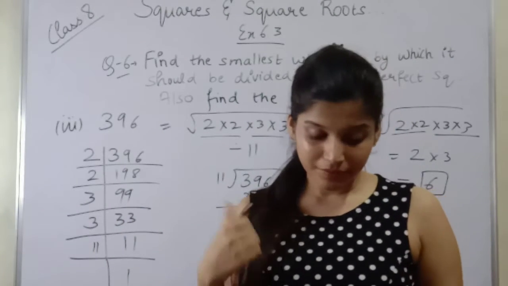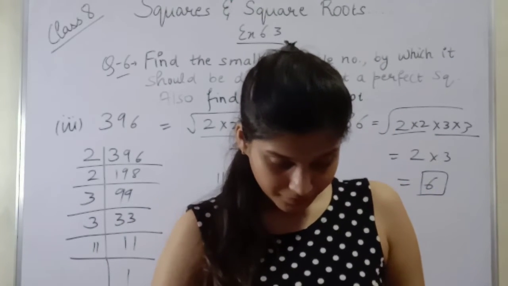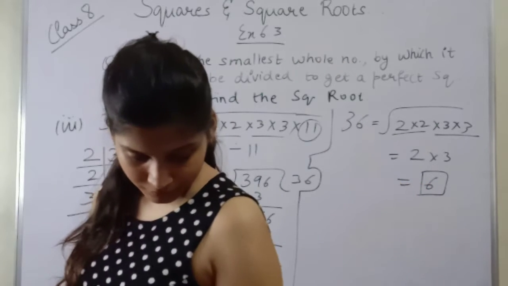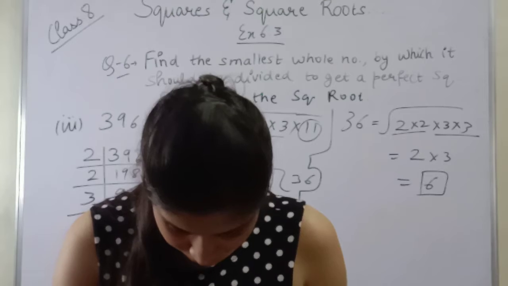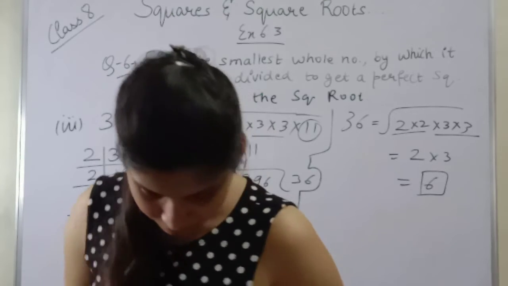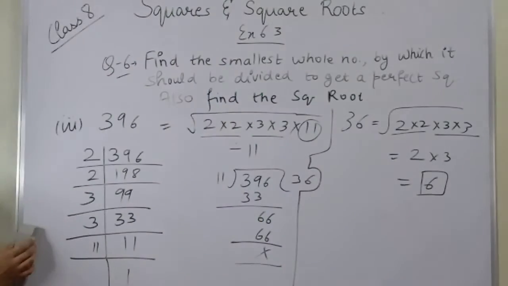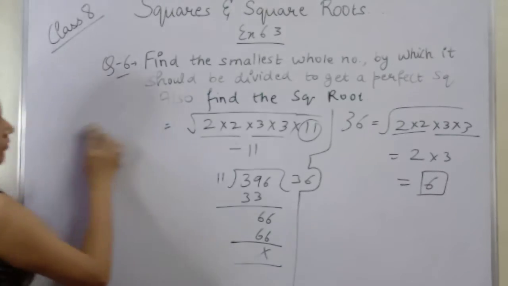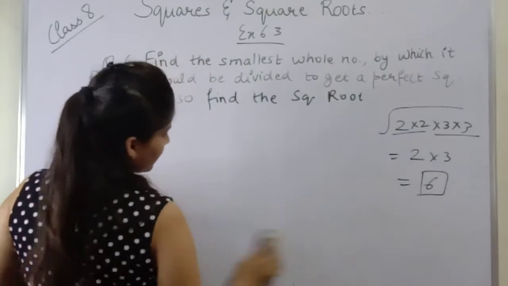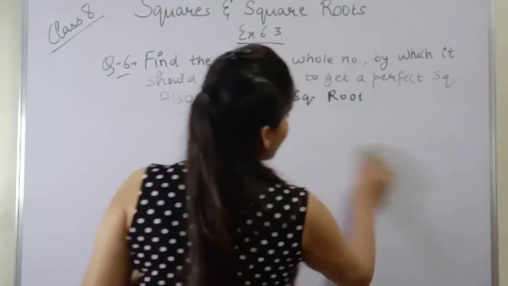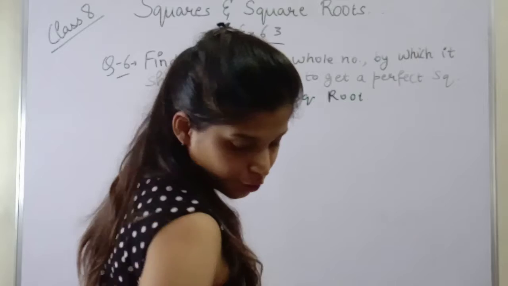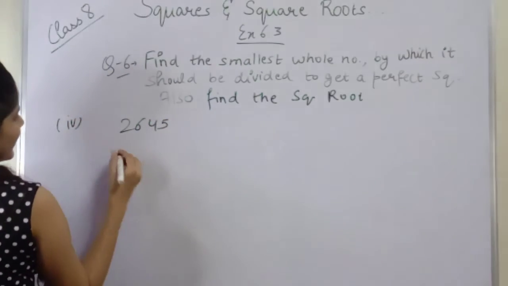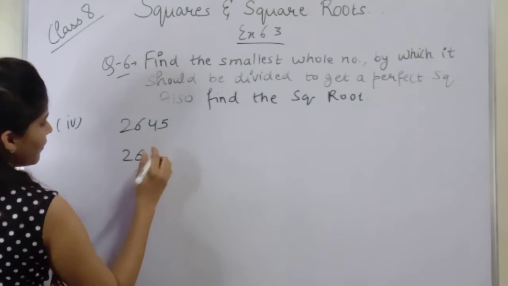Now let's come to part number 4. Fourth part is 2645. Let's factorize 2645.